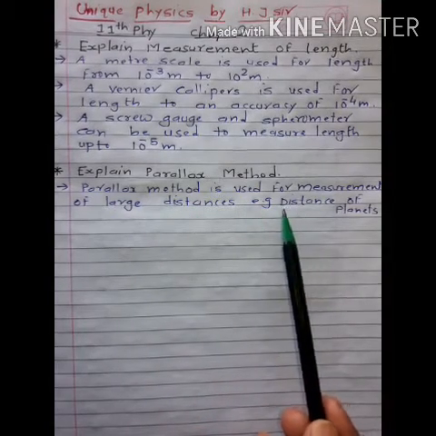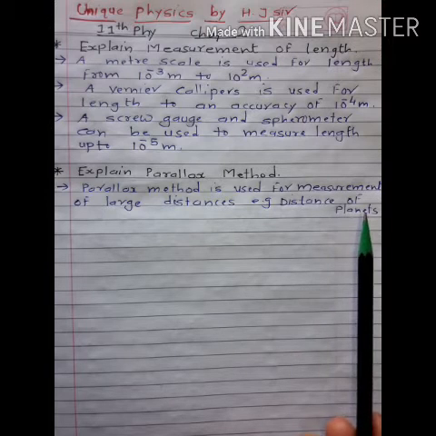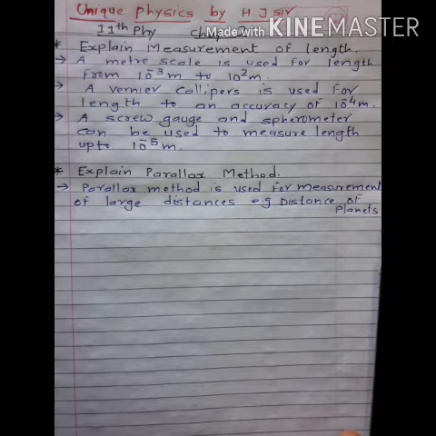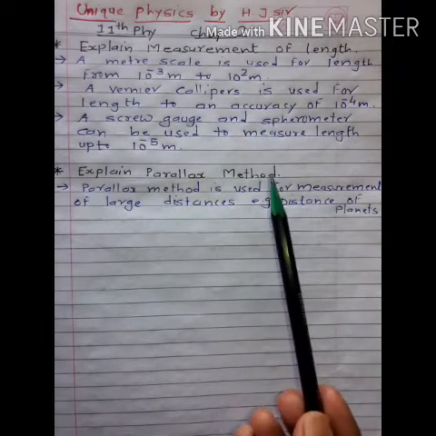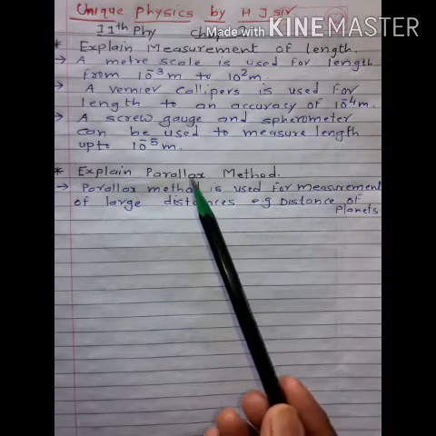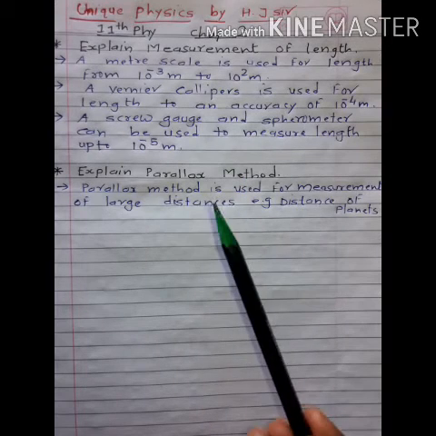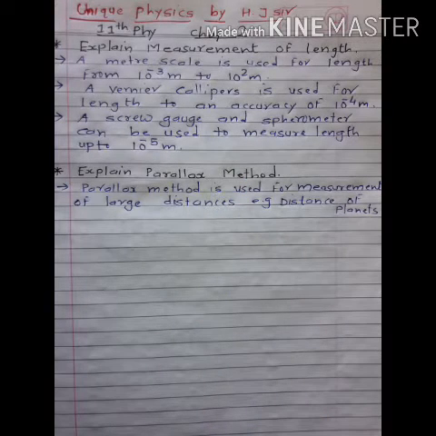Example, distance of planets, distance of stars from earth, from sun. So this is our most important topic, parallax method. It is used for measurement of large distances. Now here we are going to explain its equation.